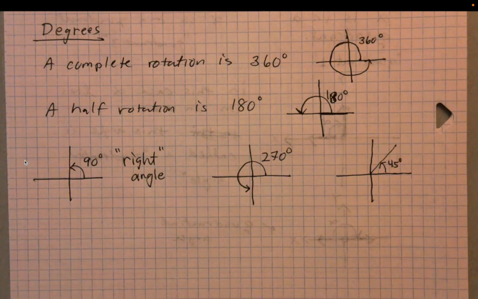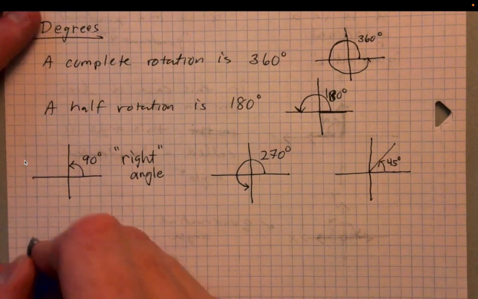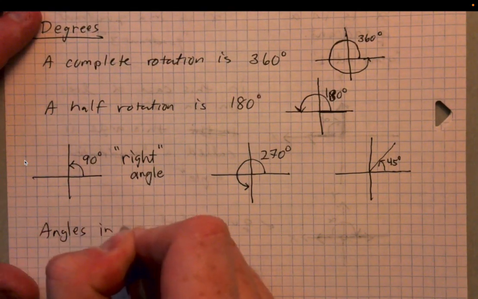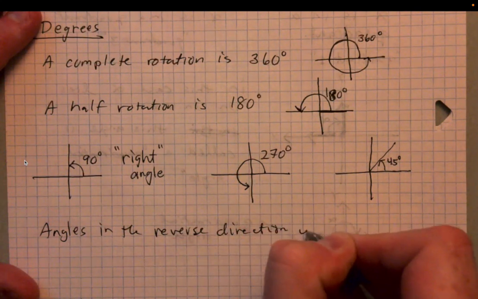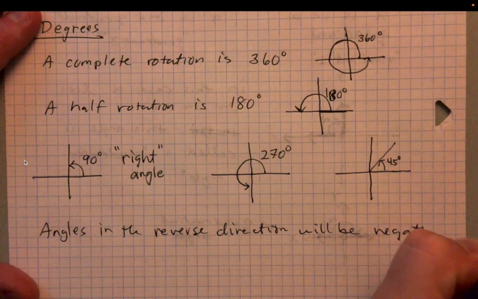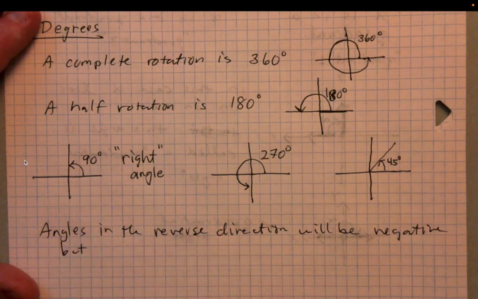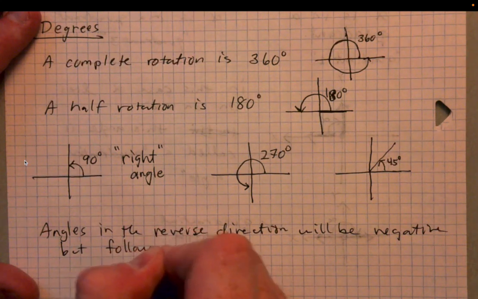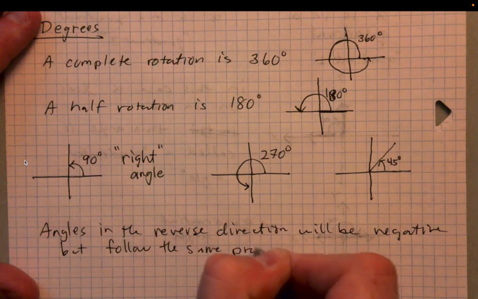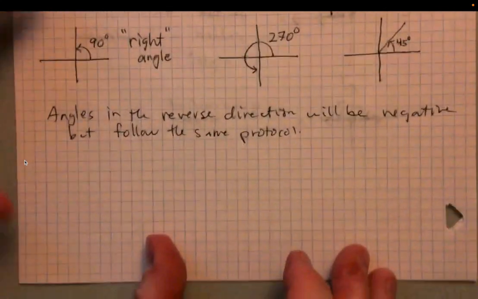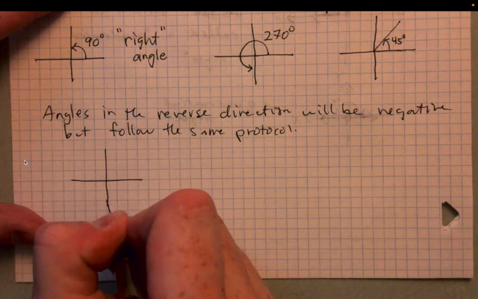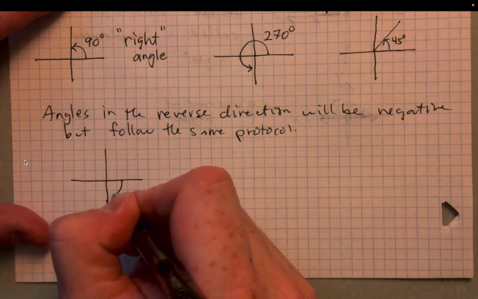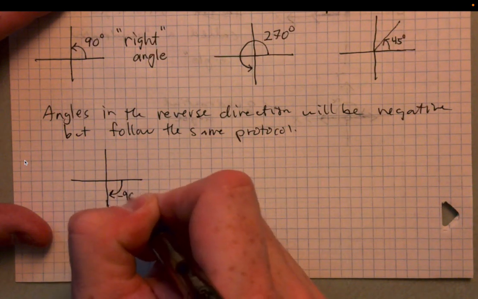Now, angles in the reverse direction, as we've seen, are negative, but they follow the same protocol. For example, if I have my XY axes here and I rotate like this, that's negative 90 degrees.